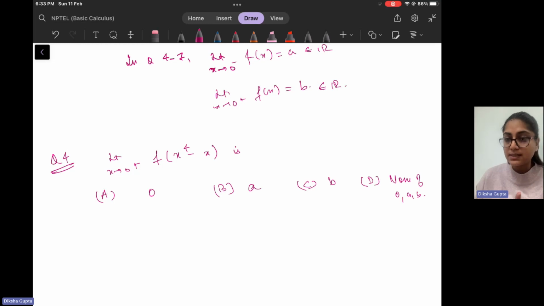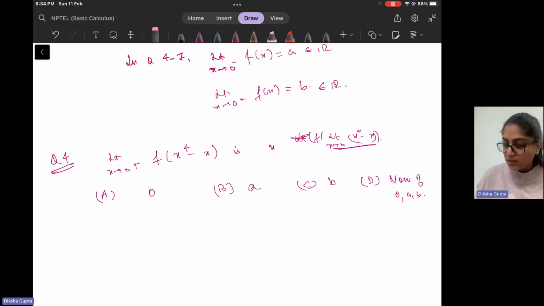Had the function been continuous at 0, then you could have written limit x tending to 0, this is equal to f of limit x tending to 0 of x⁴ minus x, right? So the value is whatever the value is at f(0), because this limit is 0.